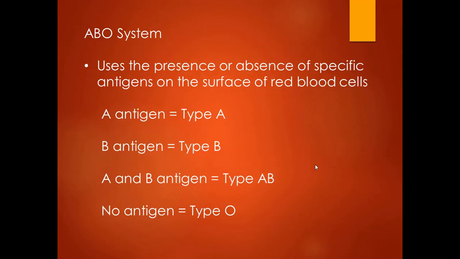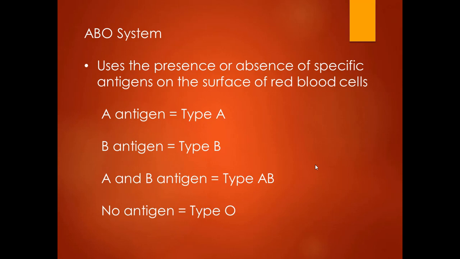ABO system. You guys have heard this, type A, type B, type AB, type O. The ABO system tells us about specific antigens that are present or not present on the surface of these red blood cells. So, if you look at it, type A blood has anti-B antibodies and the A antigen.